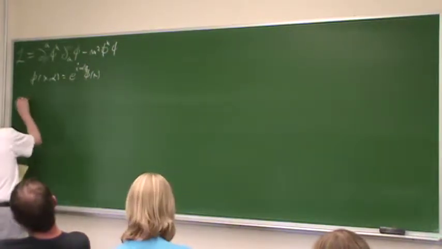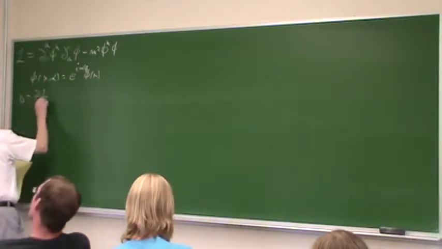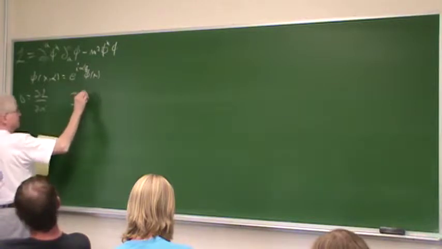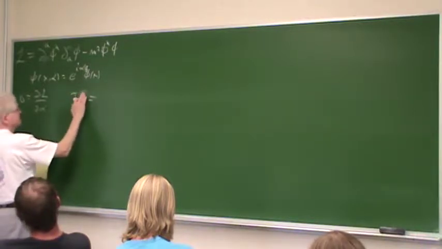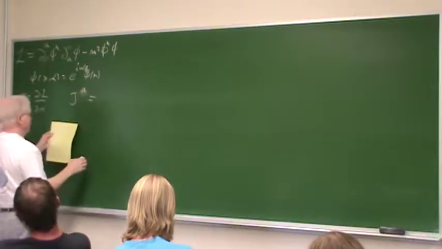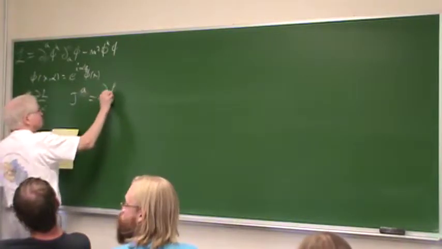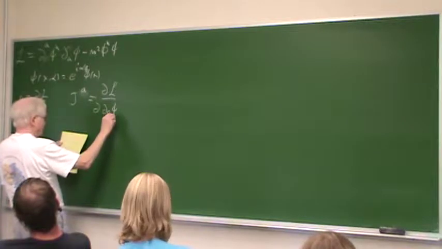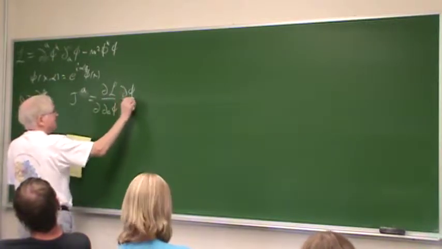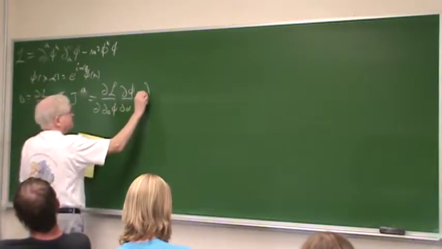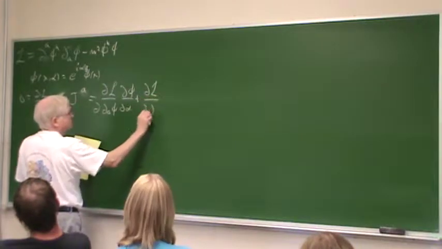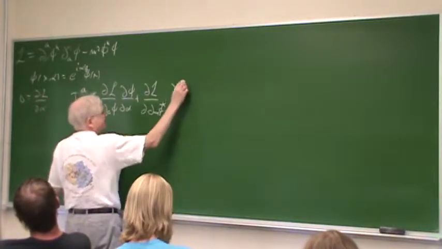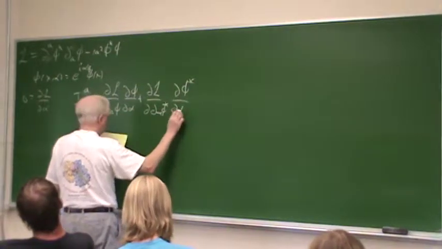Okay, so once again, 0 is partial L, partial alpha. J mu is, well, let's use J^A. J^A is partial of the action density with respect to d_A phi times partial phi, partial alpha, plus partial L, partial d_A phi star, partial phi star, partial alpha.